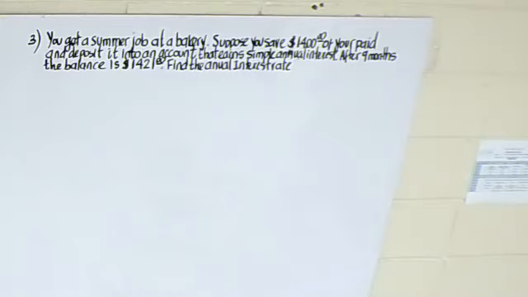After 9 months, the balance will be $1,421. So obviously, the question is, what will be that interest rate? The first thing that we have to learn is, what does the word balance mean?